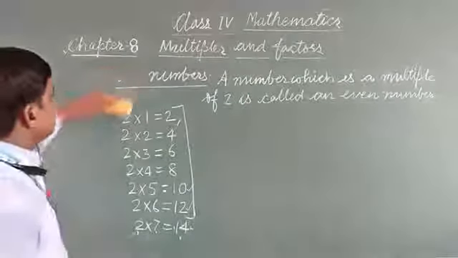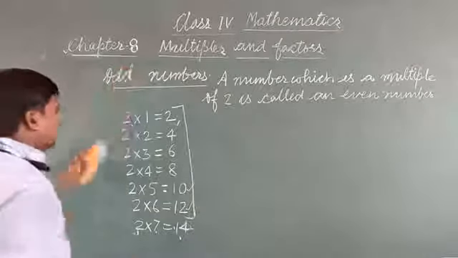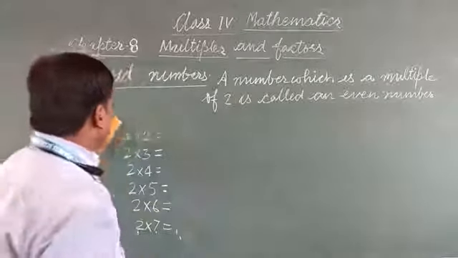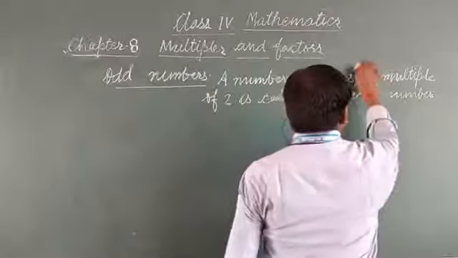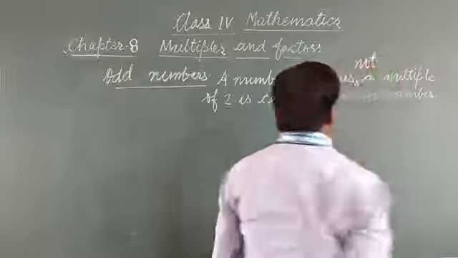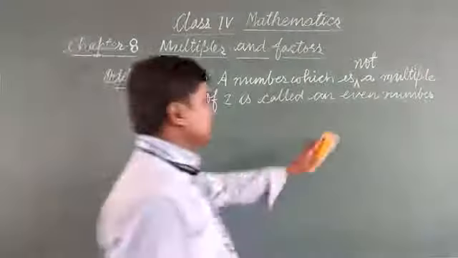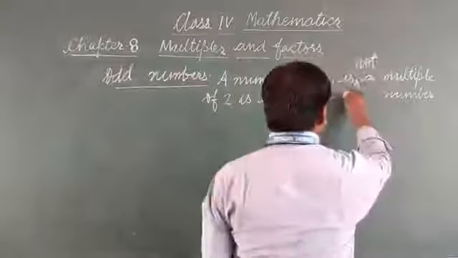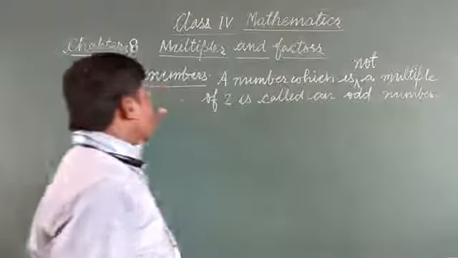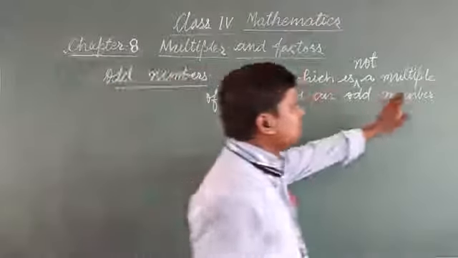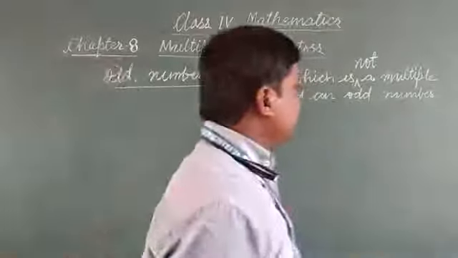Now odd numbers. A number which is not a multiple of 2 is called an odd number.